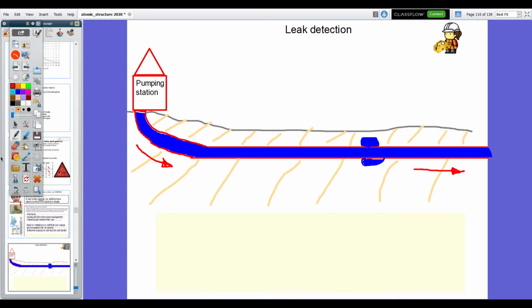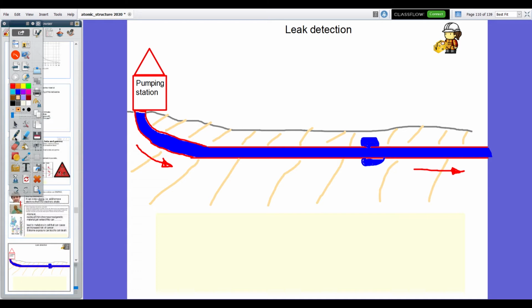Well, the old-fashioned way would be to just start digging and digging and opening up this pipe so we could see it, and eventually we might find out where the leak was. That would be a traditional, old-fashioned way of doing it. A more modern way is to make use of radioactive isotopes.